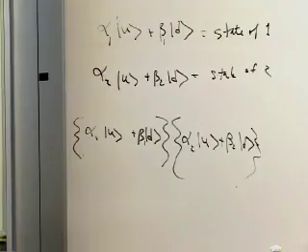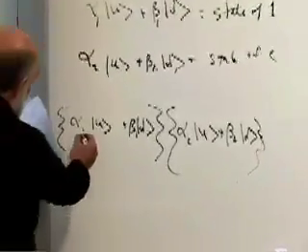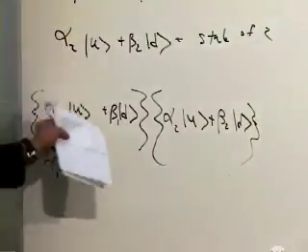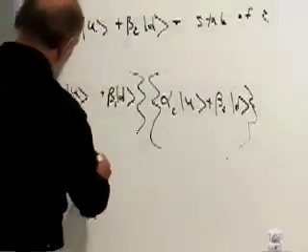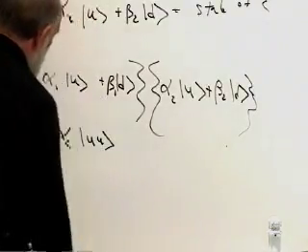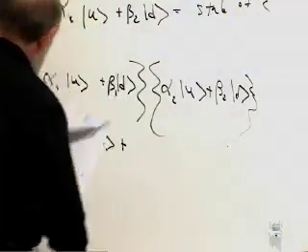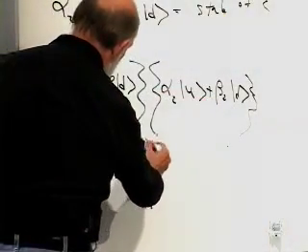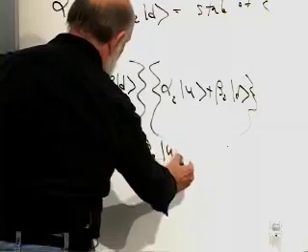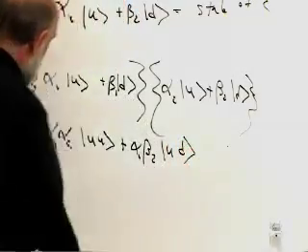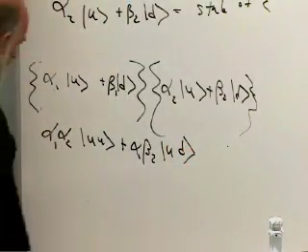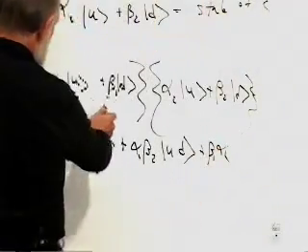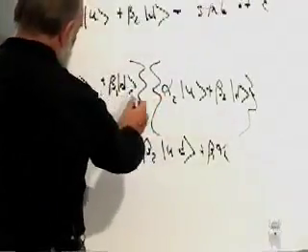And then read off from this the following object. Alpha 1, alpha 2 times both electrons up, up, plus alpha 1, beta 2 times the first electron up, the second electron down. Then beta 1 alpha 2, beta 1 times alpha 2 times down up.